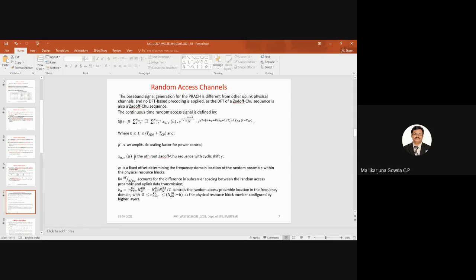This one is the u-th root Zadoff-Chu sequence with cyclic shift v; x suffix u,v of n is the u-th root Zadoff-Chu sequence with the cyclic shift v. And psi is the fixed offset that determines the frequency domain location of the random preamble within the physical resource block. Every term is given, so just have a look at how we express this random access signal.